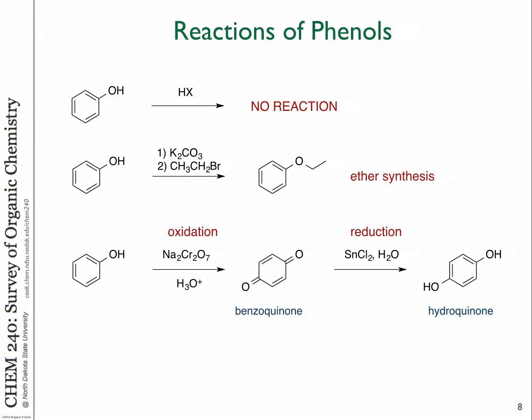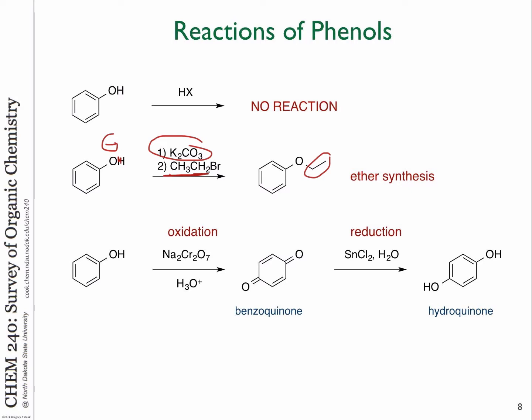So actually, to make the alkoxide from phenol, potassium carbonate is a weak base, but it works just fine. In this case, it's an ether synthesis that I just illustrated here with an ethyl bromide, and we put that group on.